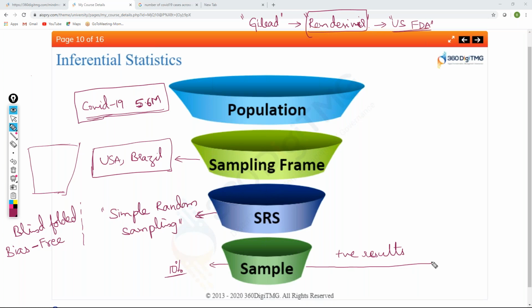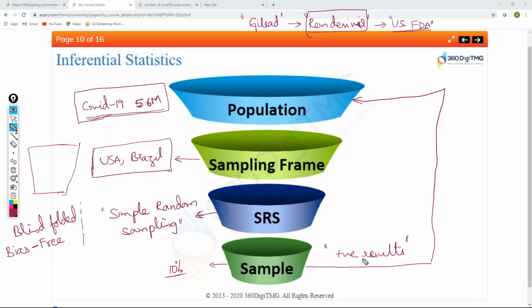Then what do you do? You make statements about the population. You'll say that clinical trials have shown positive results when we use remdesivir, and that can be used for the entire population.